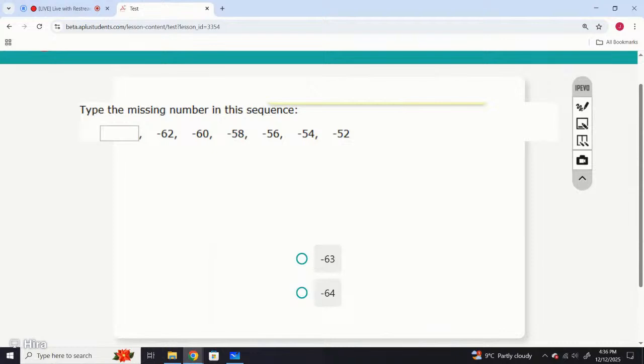So the pattern is decreasing by 2. So that would be negative 64.